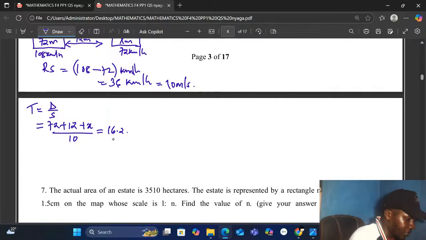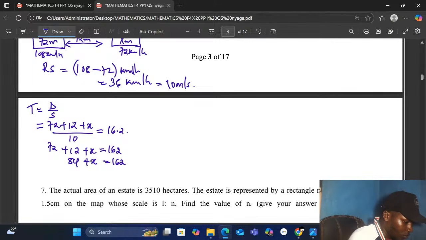So we now find the value of x. So we shall have 72 plus 12 plus x is equal to, multiply by 10, 162. So 84 plus x is equal to 162.